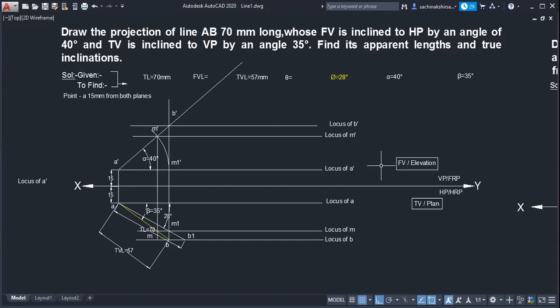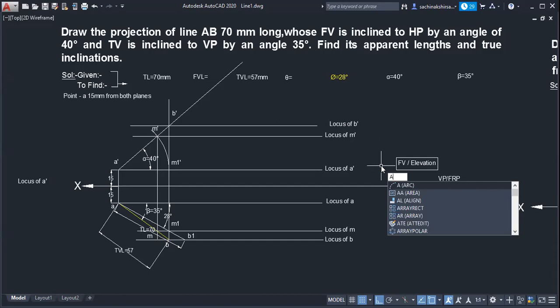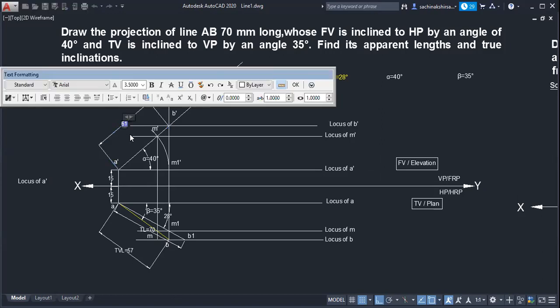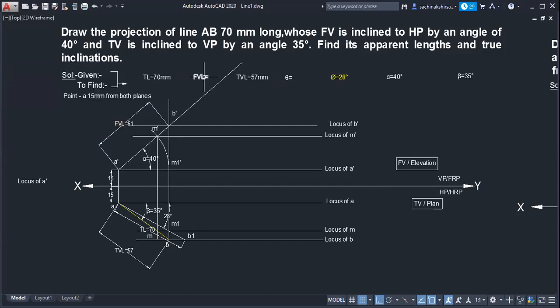How much is it? Will you measure and tell? 61. 62, sir. 61, one answer is coming. 61, it is correct. So the front view length is 61.